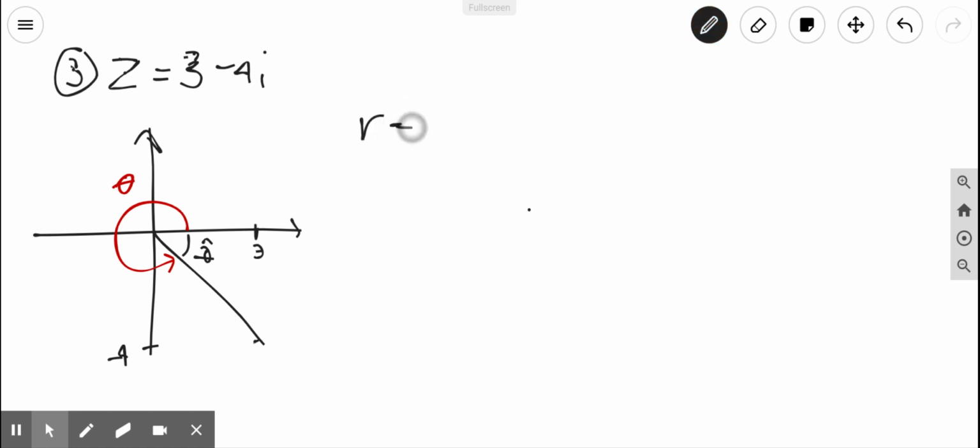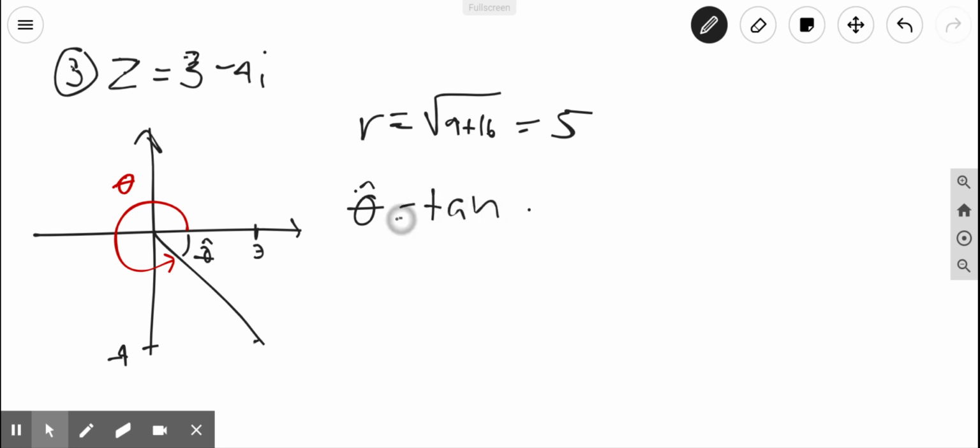Radius is going to be the square root of 9 plus 16. So nice, 5. Theta hat is the inverse tangent of the positive of 4/3, because b over a.